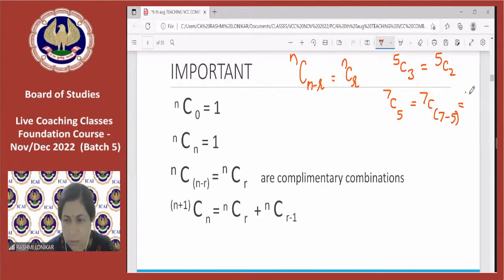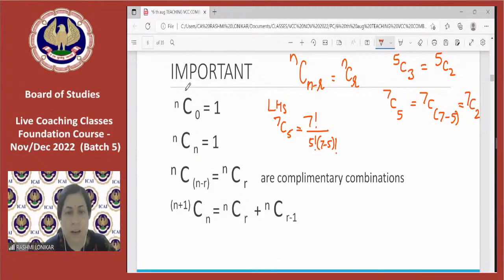So this becomes 7C2. Now let us check whether this is true or not. Let us see the LHS, 7C5. How much is 7C5? 7 factorial upon 5 factorial into 7 minus 5 factorial.